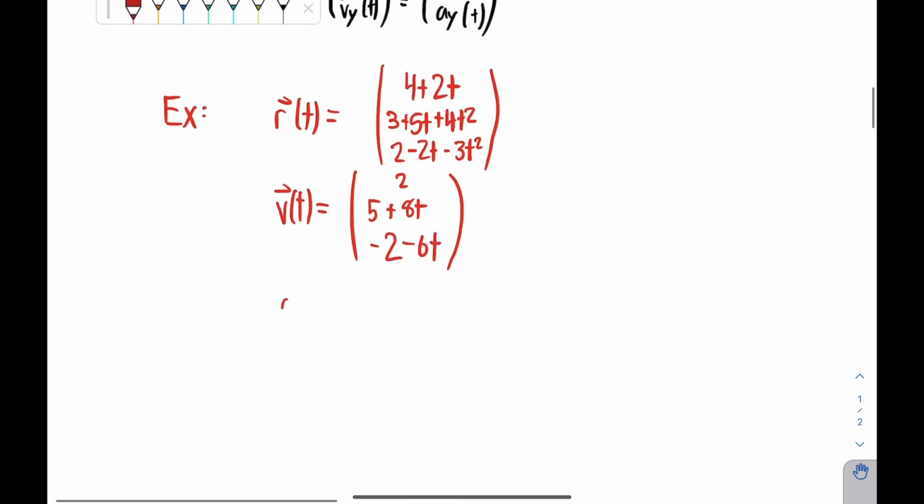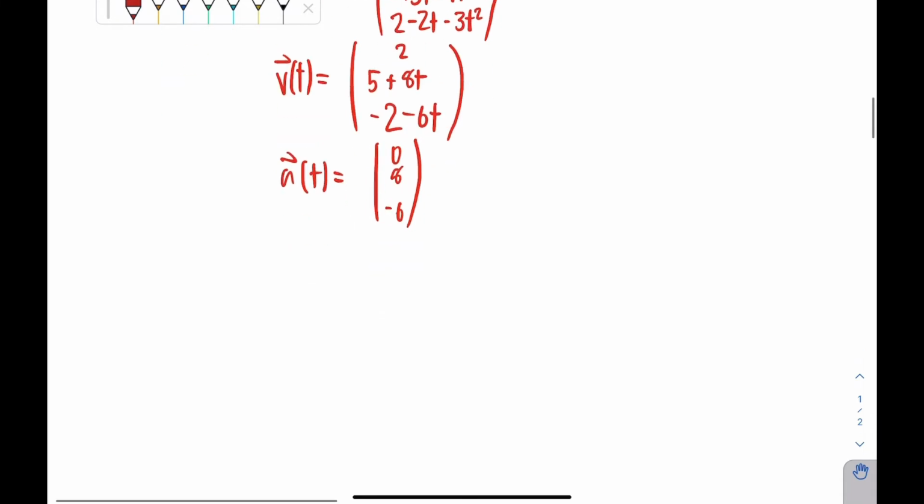Finally, for acceleration, we will get 0 for the x component, 8 for the y component, and negative 6 for the z component. Say I wanted to ask for the magnitude of the acceleration vector, we would get a is equal to the square root of 8 squared plus negative 6 squared, which is equal to 10.